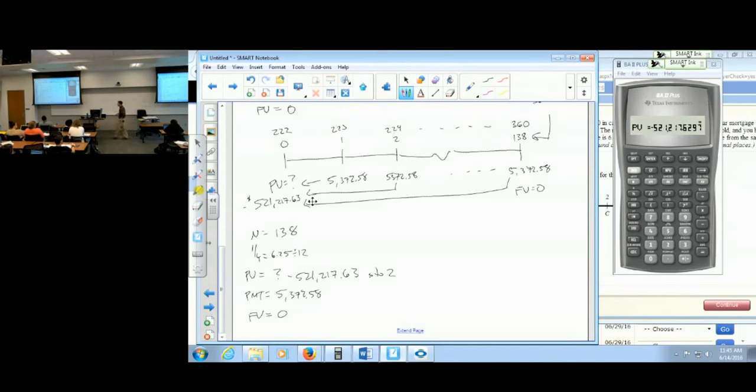And what the calculator just told us is, if we put the payment in positive, so recall payment was a positive 5,372 and change, and we asked the calculator to solve for present value, what it told us is: if you expect to receive 138 payments of $5,372 and you expect to earn a 6.25% APR, then you can have a cash outflow of $521,000 and change today and earn that rate of return.